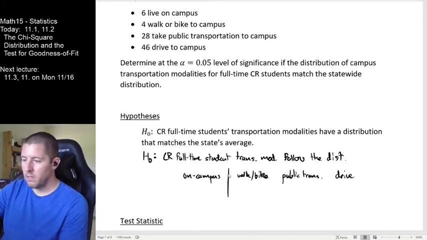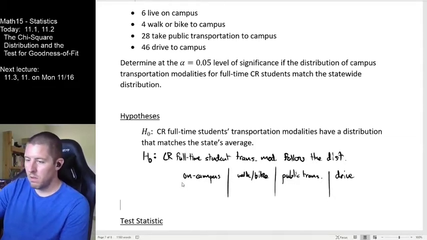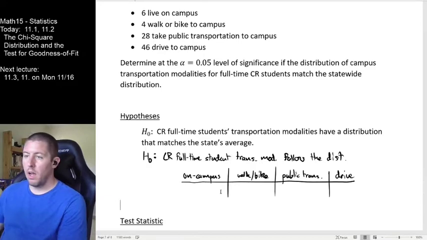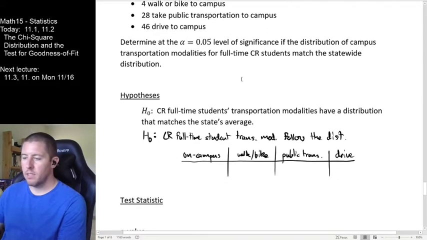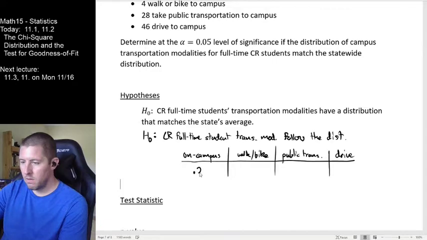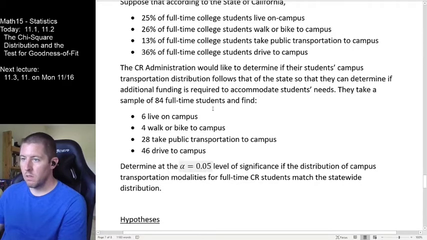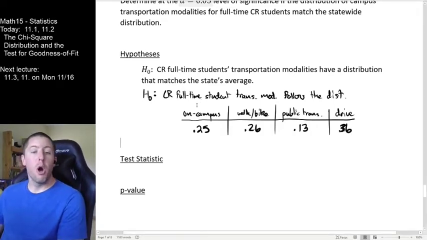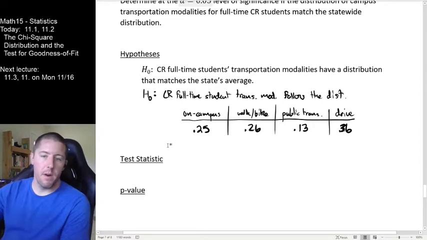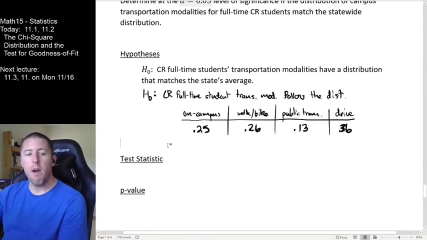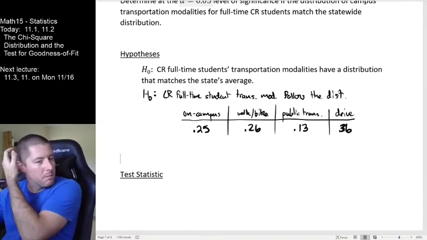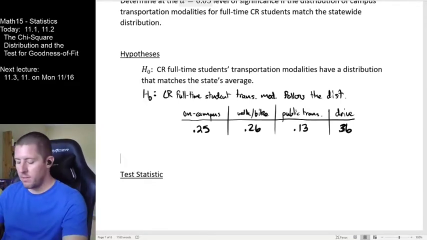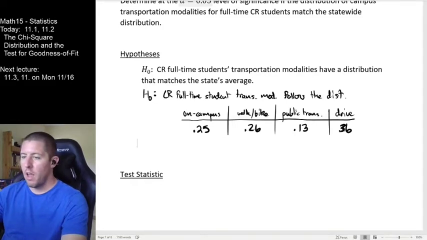These are our 4 categories. And it was proposed to us 25, 26, 13, 36. This is our proposed distribution of outcomes, right? They follow this distribution. These are our probabilities of them using that certain modality to get to campus. So these might be our 2 good ways for us to say our null hypothesis.